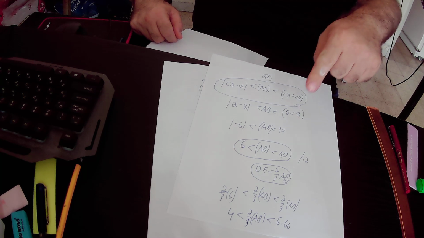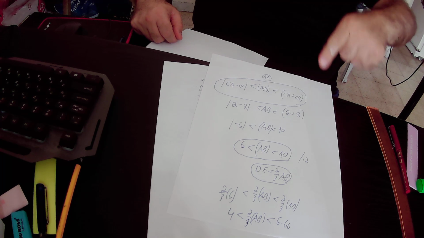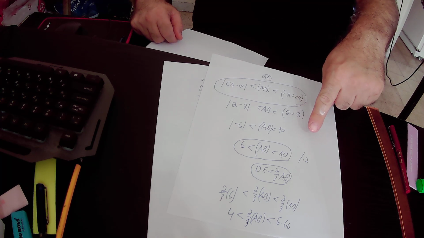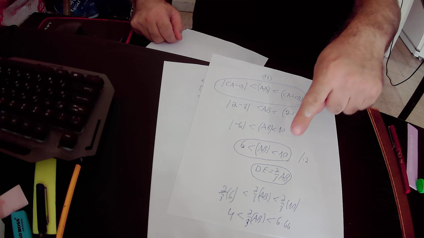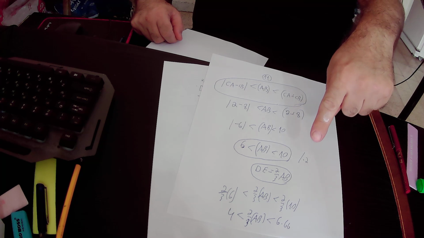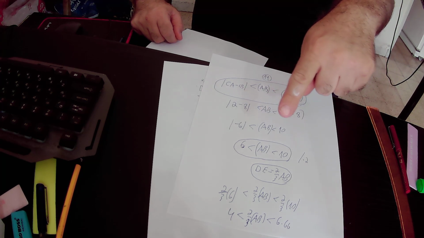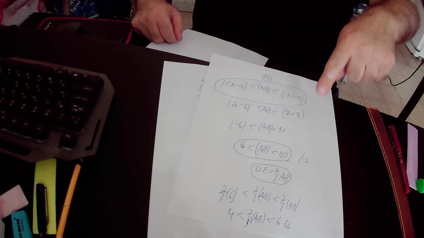But we have already found out that DE equals 2/3 AB. So if we multiply this inequality by 2/3, we get that 2/3 AB is between 2/3 times 6 and 2/3 times 10. 2/3 times 6 is 4, and 2/3 times 10 is 6.66.